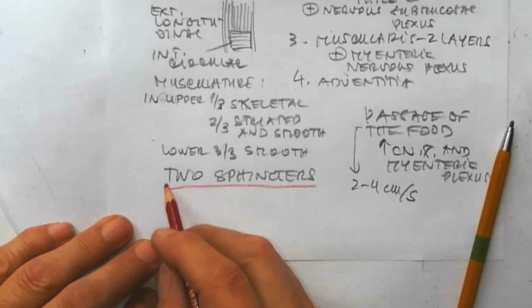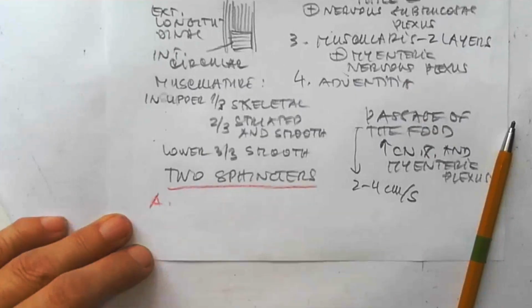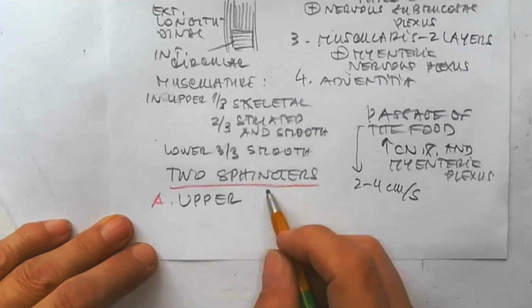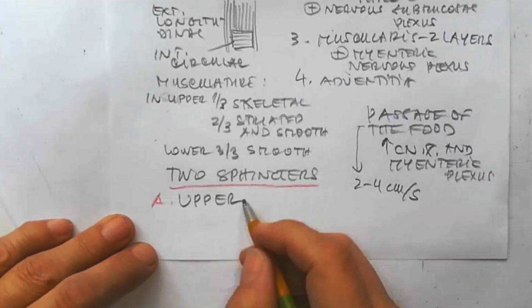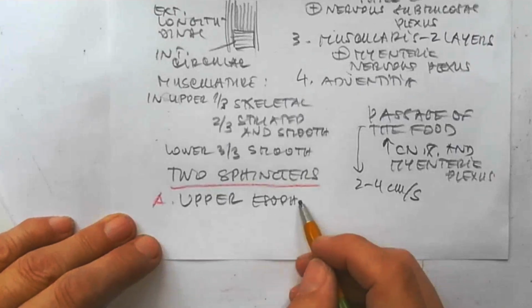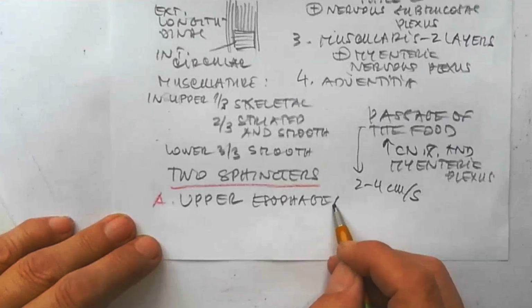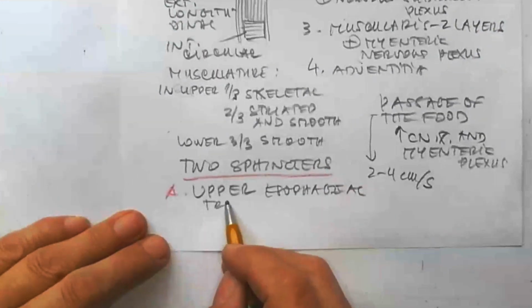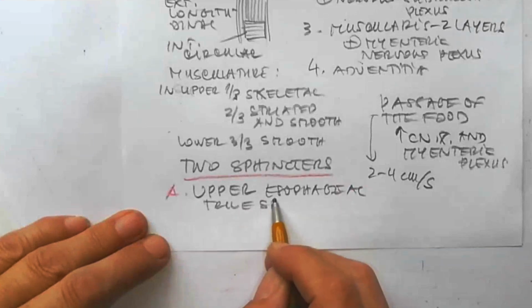One is called upper, but in fact it's the upper esophageal sphincter. We can use this official term esophageal because this is a proper sphincter, or we can say this is a true sphincter.